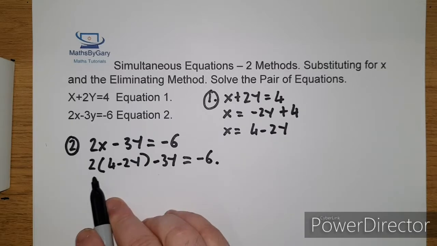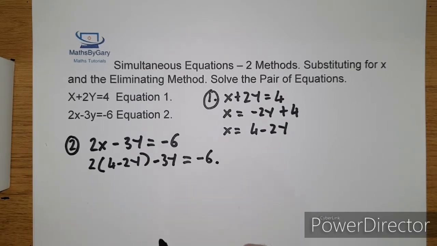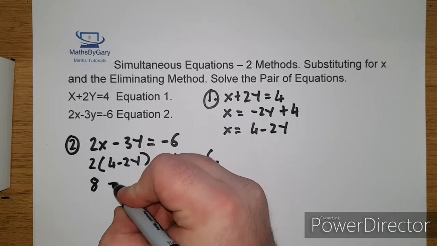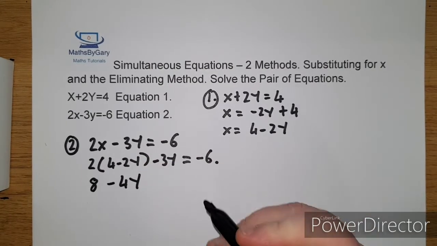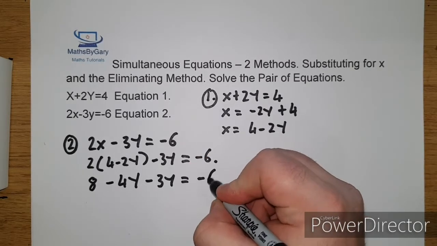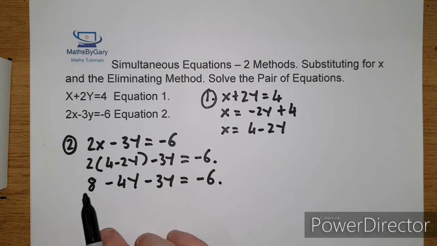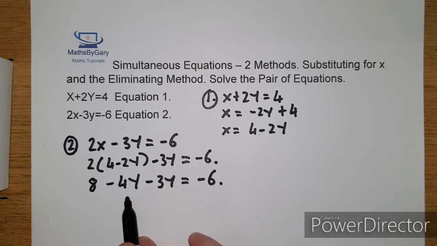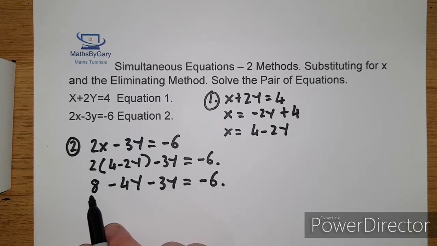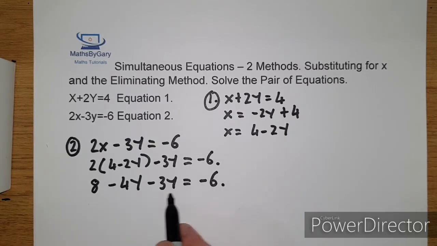So we just simply work out the brackets. 2 times 4 gives us 8. 2 times minus 2y will give us minus 4y, and then minus 3y, which gives us minus 6. So now what we have on the left hand side is 8 minus 4y minus 3y equals minus 6. We can add the terms together.